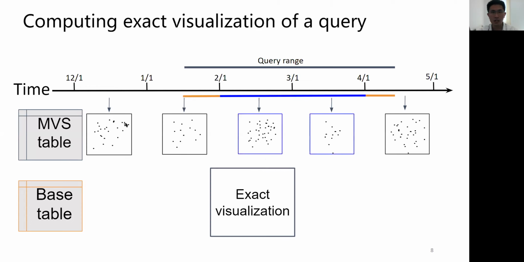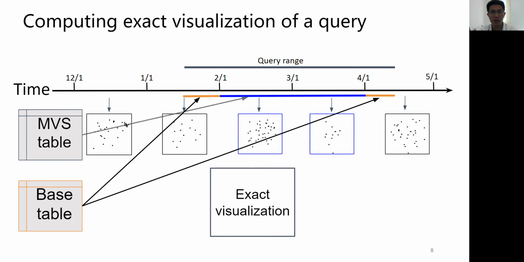In this case, to compute the exact visualization of this query, we need to retrieve data in these 2 brown ranges from the base table, together with these 2 blue EVs from the MVS table. Because retrieving the 2 blue EVs is very fast, the total response time can be greatly reduced.